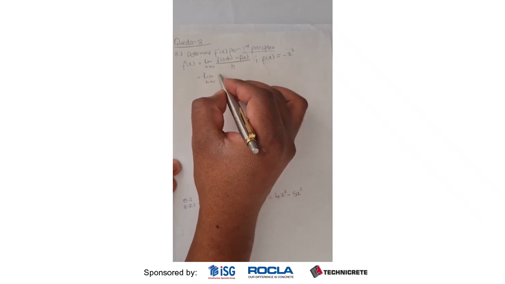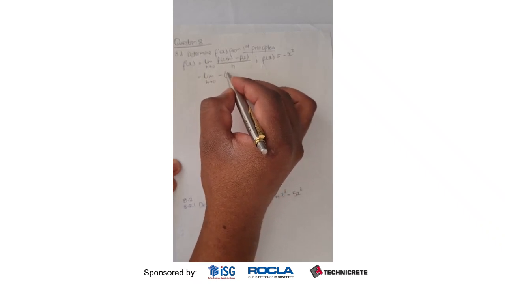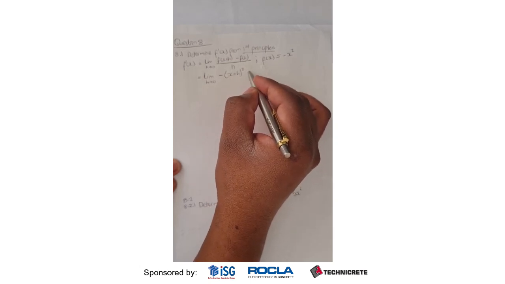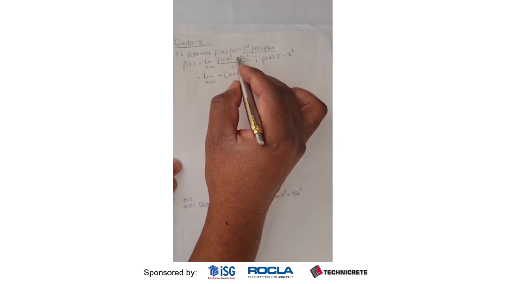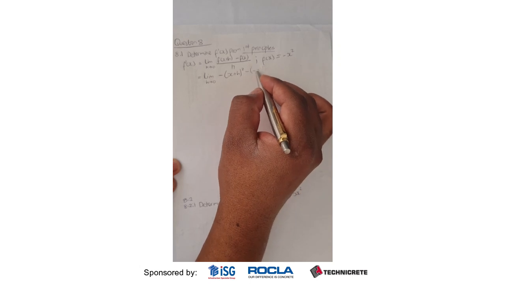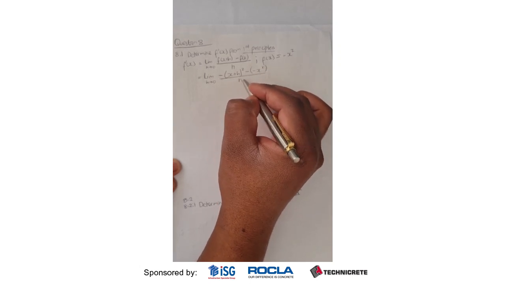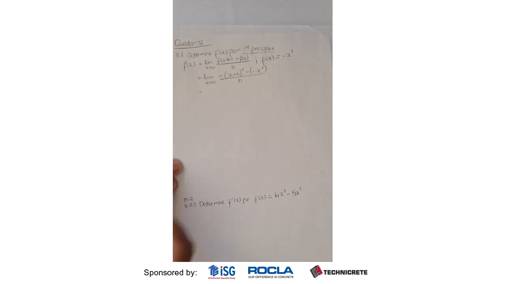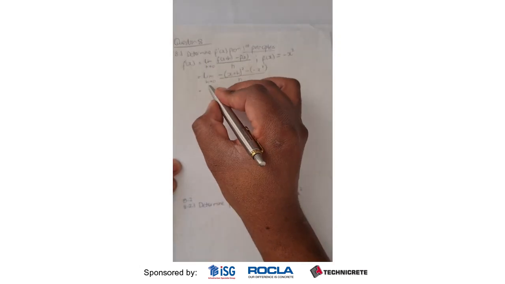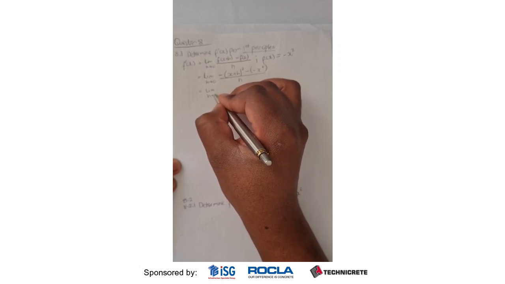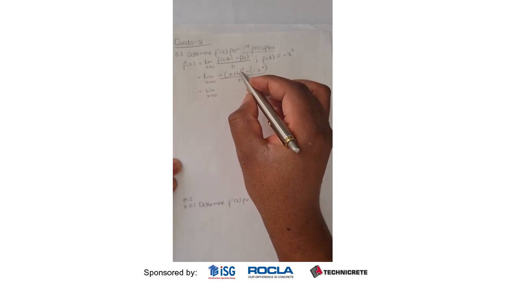So it becomes negative, into x plus h all squared, minus our normal f of x, all divided by h. And we still continue with the limit as h tends to 0.